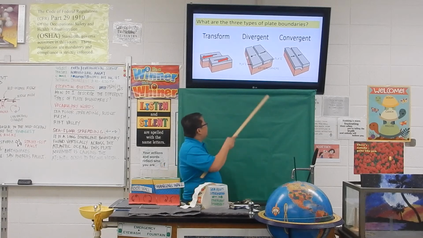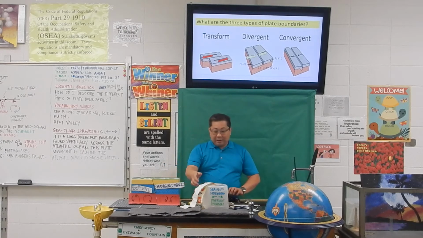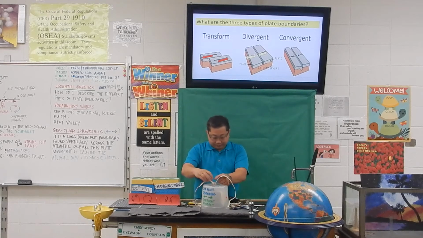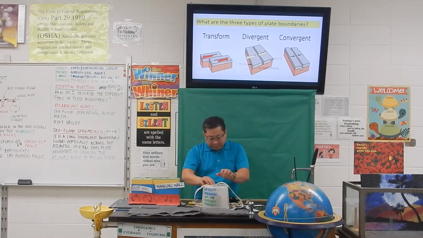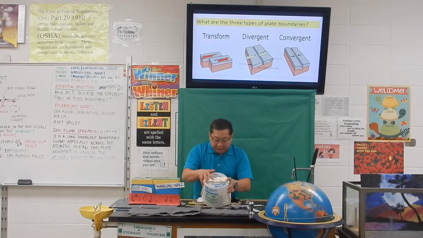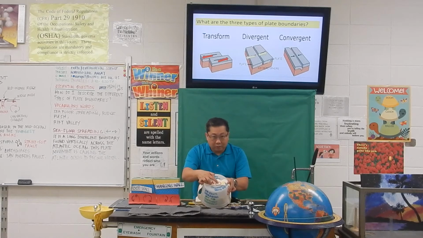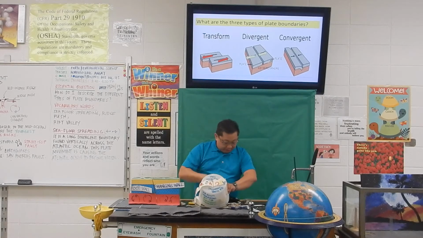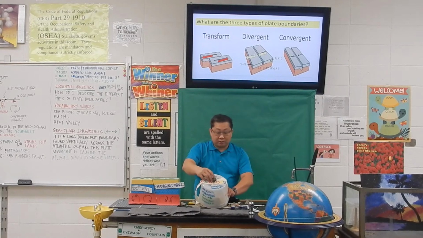The second one is the divergent boundary, and that can be shown here in our demonstration. In the mid-ocean ridge, like right here in the middle, magma oozes out from the mantle and cools down and becomes young igneous rocks.